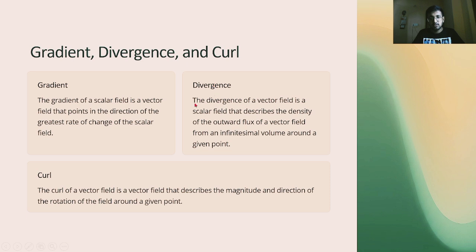Next, we have divergence. The divergence of a vector field is a scalar field that describes the density of the outward flux of a vector field from an infinitesimal volume around a given point. Curl: the curl of a vector field is a vector field that describes the magnitude and direction of the rotation of the field around a given point.